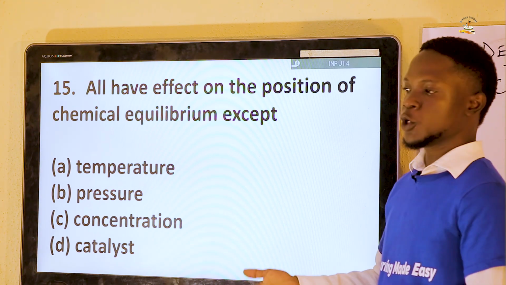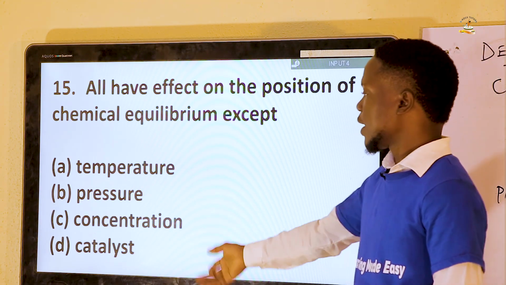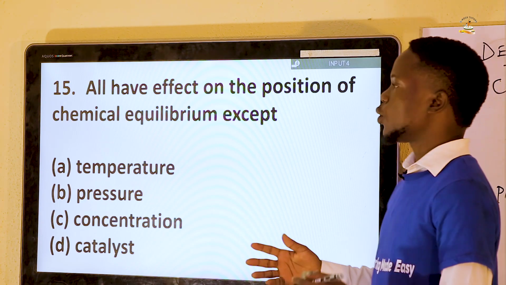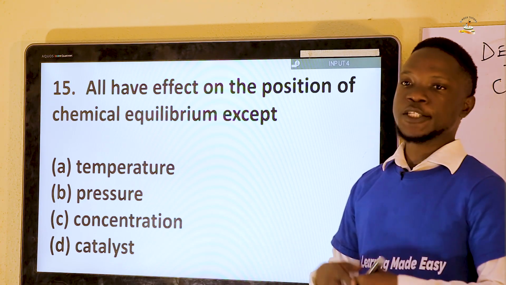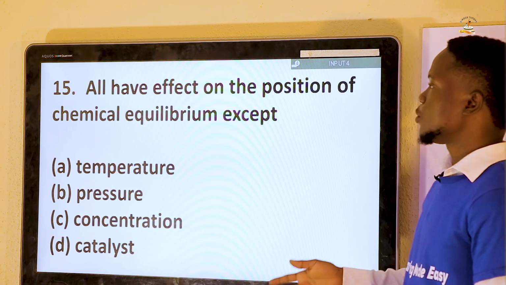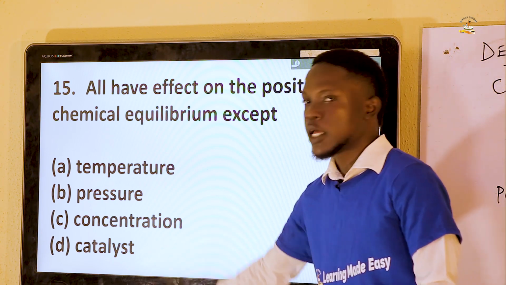And if you increase the concentration of the products, they will react together to form the reactants. Why does a catalyst not affect the position of chemical equilibrium? What the catalyst does is to speed up the rate of reaching equilibrium, but it doesn't affect the position. So the answer is D, catalyst.